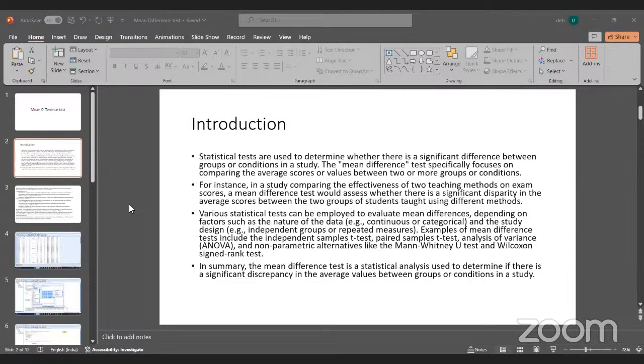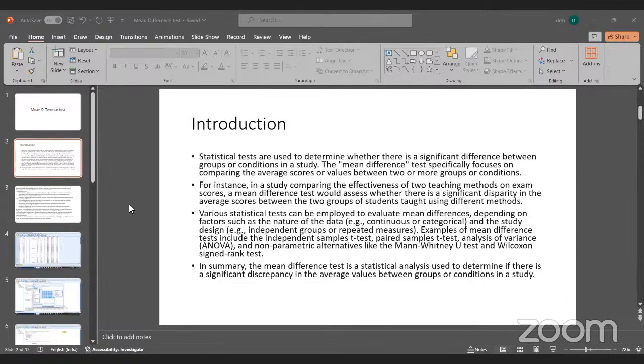There are two broad categories of t-test. One is the independent sample t-test, another one is the paired sample t-test, or you can say dependent sample t-test.